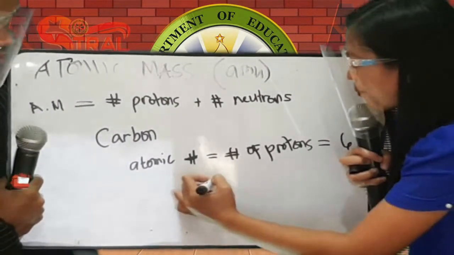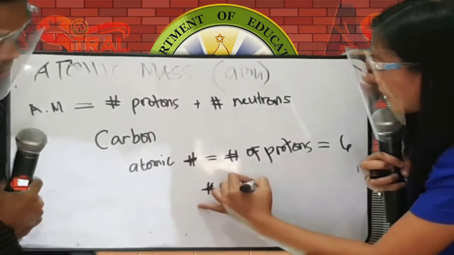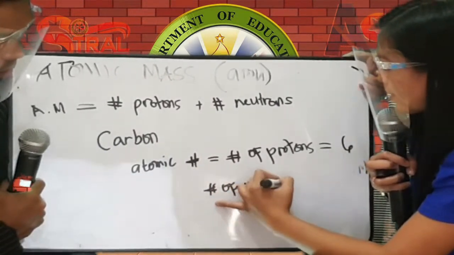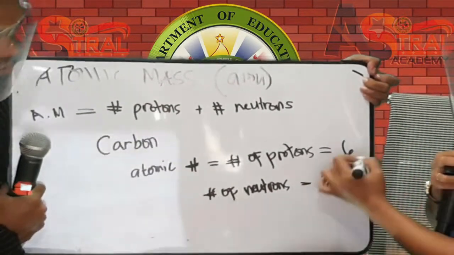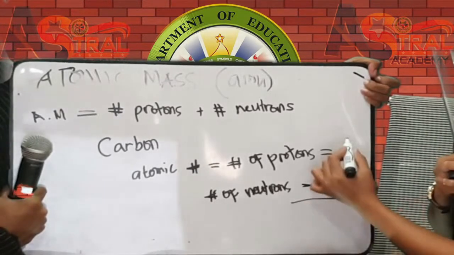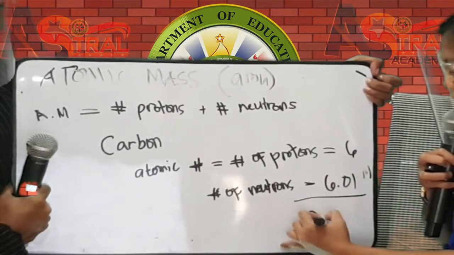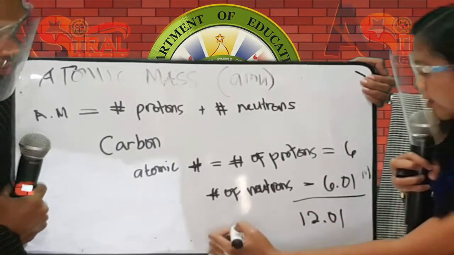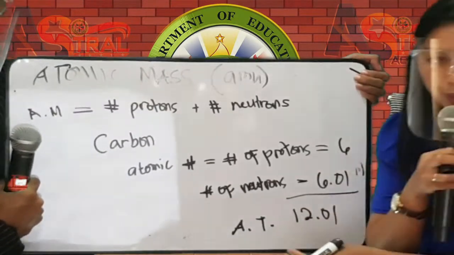And the number of neutrons for carbon is actually equal to 6.01. Therefore, if we get the sum of the number of protons and the number of neutrons, it would be equal to 12.01. This is basically the atomic mass of the element carbon.